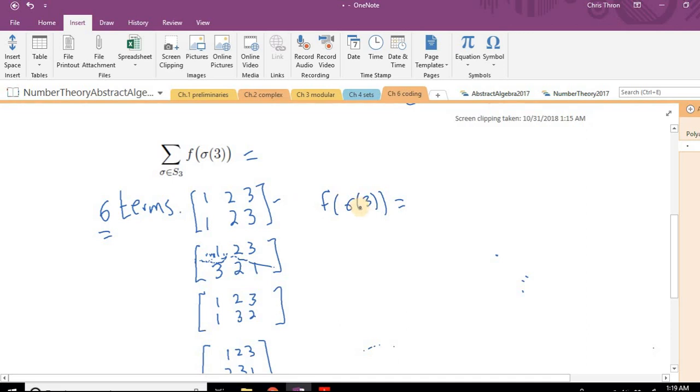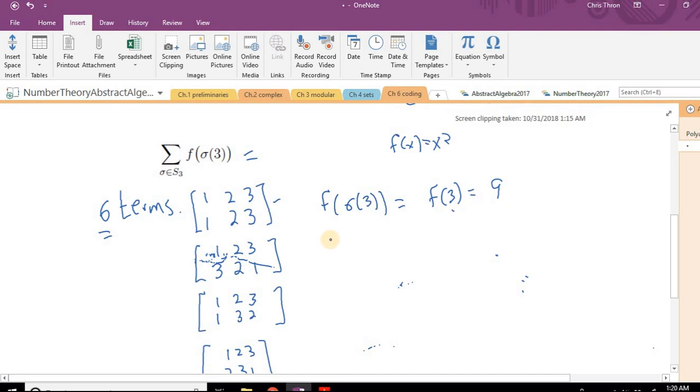What is f of sigma of 3, as it's defined in the problem? Is that 9 then? That's correct. We have f of x equals x squared. So that's 9.